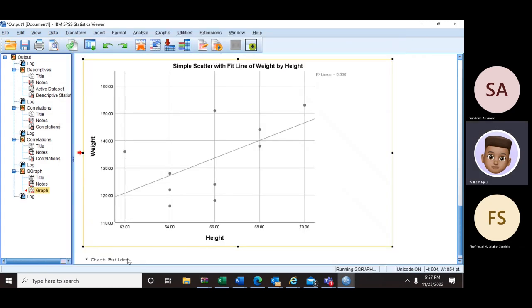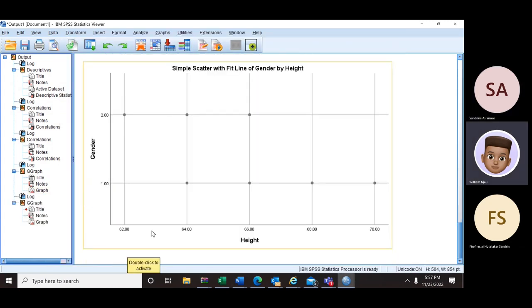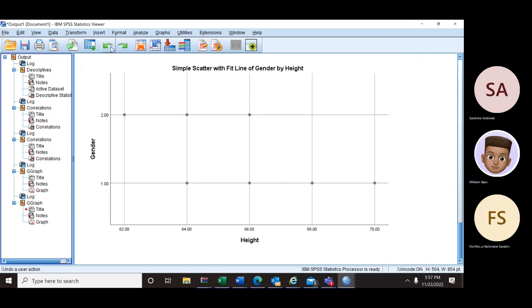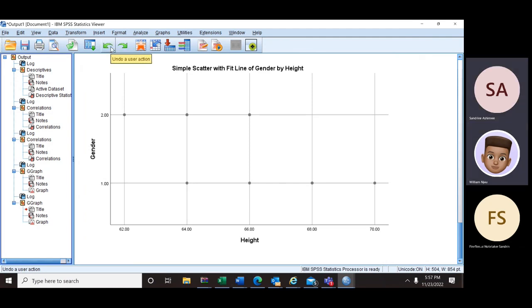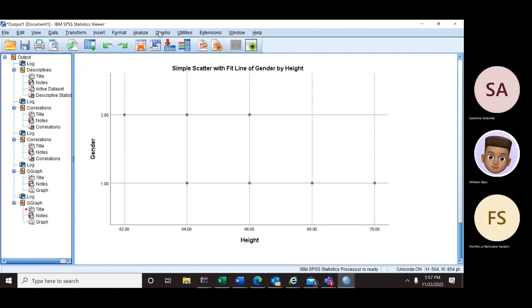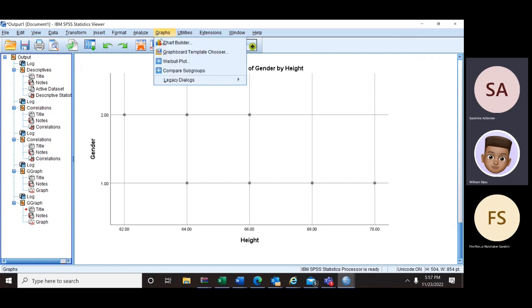No, put it there. Let's just see. What even is this? I wanted you to put the gender on the X. Okay, let's do that.